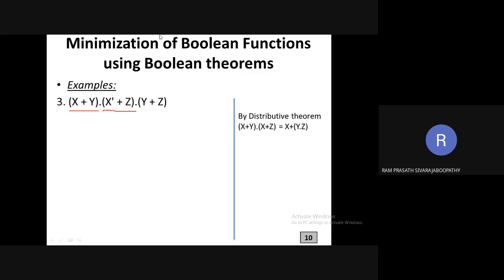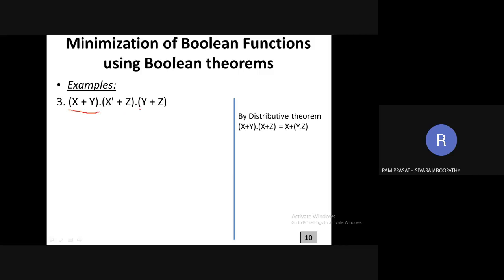Okay, so here, without doing the normal expansion, we can do it this way too: (x + y), then (y + z). What is the common term in both of these? y is there, correct? Fine. So we can do it that way also. Or else you can directly apply the theorem using these two statements.